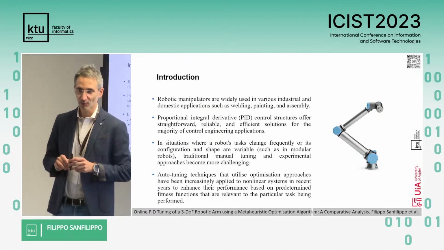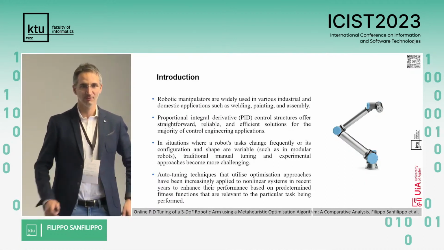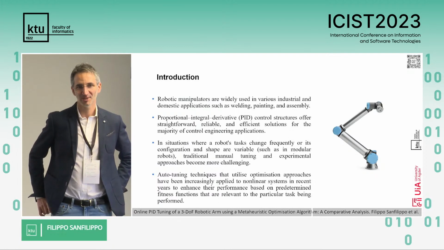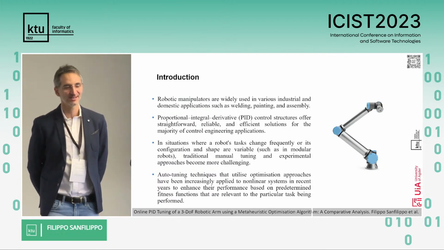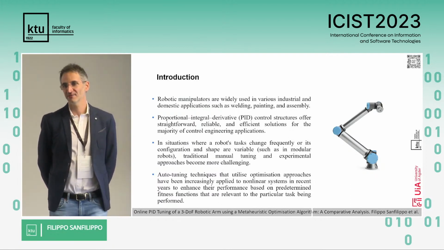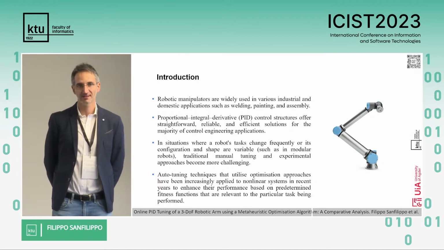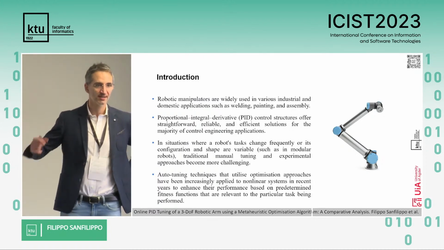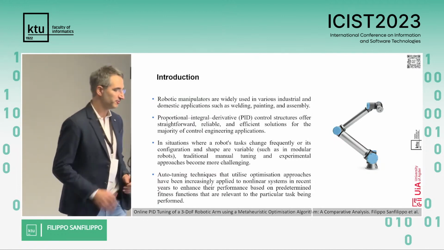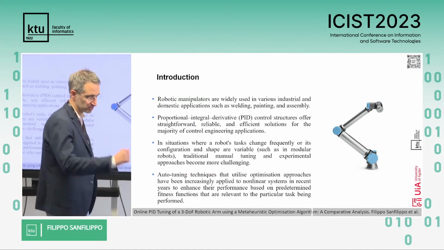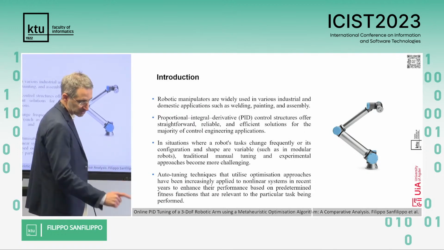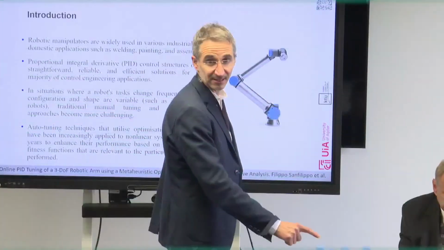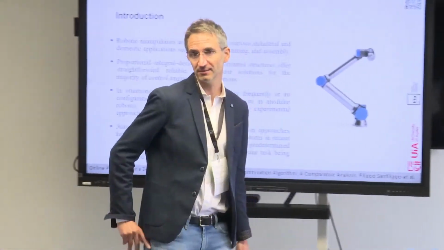This will work if our world is ideal, but unfortunately our world is not ideal. We have different problems like energy dissipation, friction, imperfection in the mechanical design. So even if I set my joints to a specific position, most probably I will not reach the target. There will be an error, right?